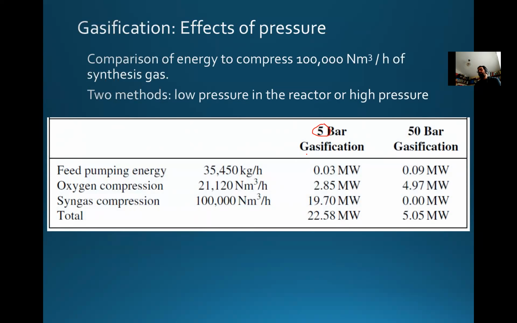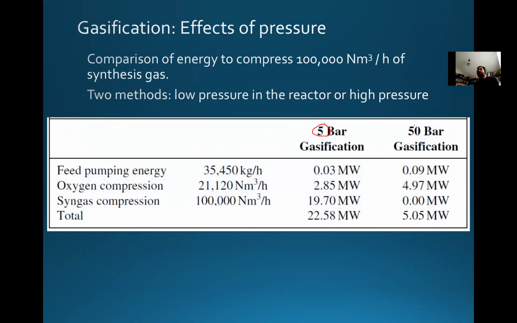Okay, 5 bar is around 5 atmospheres. So here we have the energy we need for the compressors and for the oxygen and for the syngas. We need around 22.58 megawatts of energy, right?